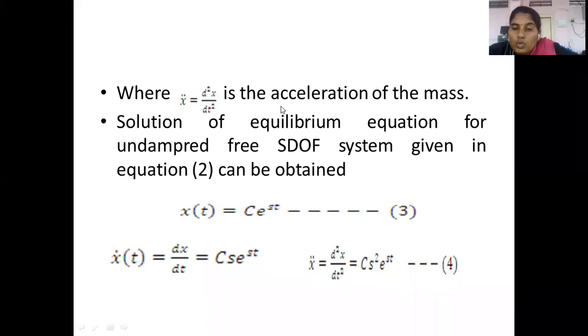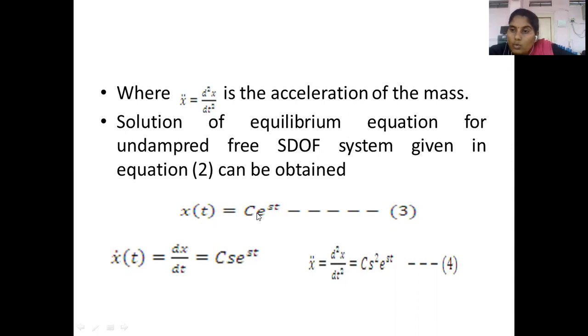The solution of the equilibrium equation for the undamped free vibration system given in equation 2 can be obtained. Equation number 2, which is m x double dot plus k x equal to 0, we have to solve by putting x of t equal to C into e raised to st. It is a linear differential equation.